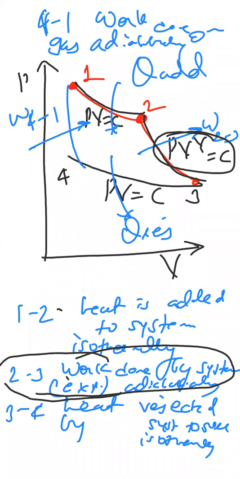Nishant, what is process 3 to 4? You are not audible, Nishant. Some network problem or what? Unmute and tell again. Everyone can hear me.